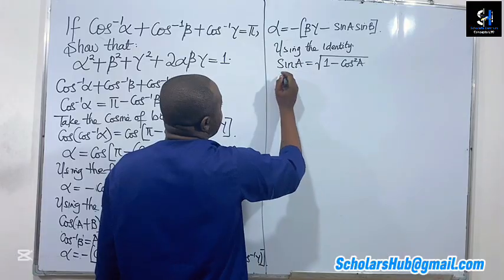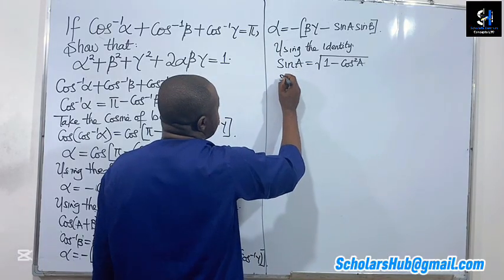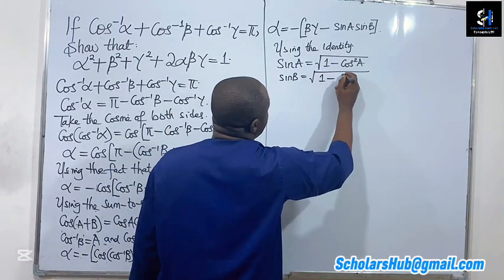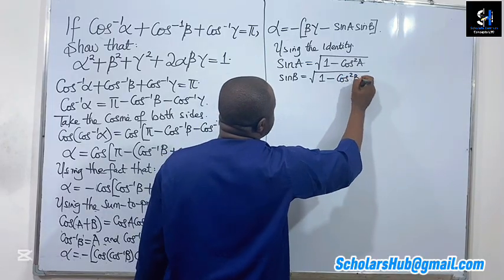Then also for sine B, it will be equal to the square root of 1 minus cos²B.